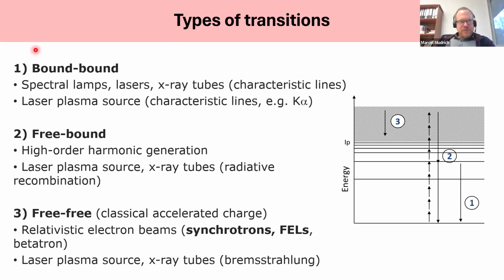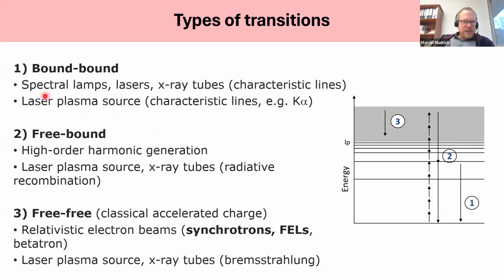In general terms, we can group these different sources of radiation into what are called bound-bound transitions. Bound-bound means transitions between bound levels in atoms or molecules, represented by the transition labeled 1 here, for example, a transition from the second excited state down to the ground state.